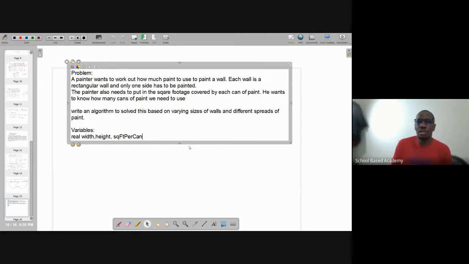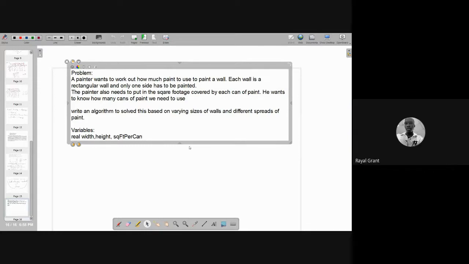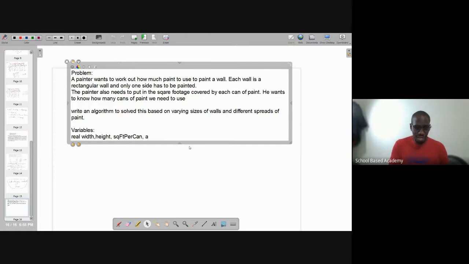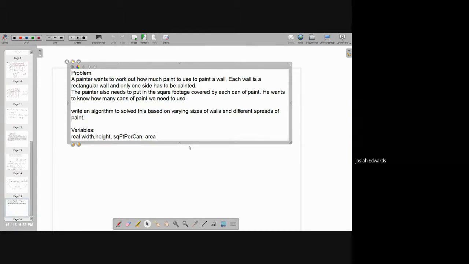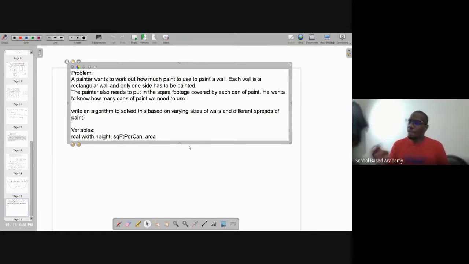And are there any variables that you think might be needed for the output or that might be used in the interim? Area. Area is one. And any other variables? Number of cans. Now, the number of cans, is that an integer or is that a real number?